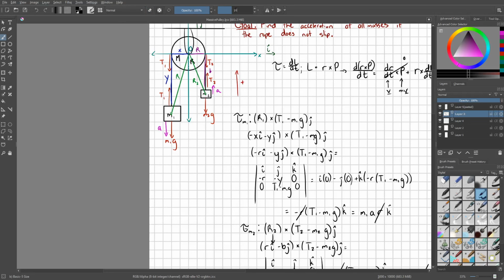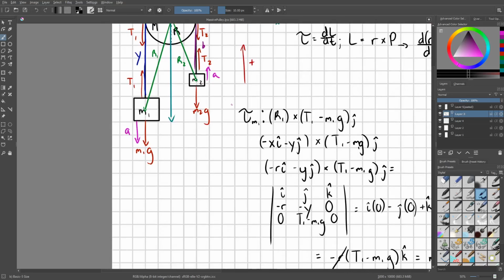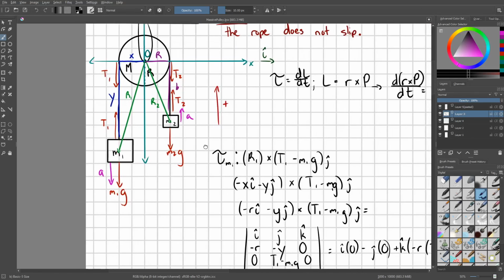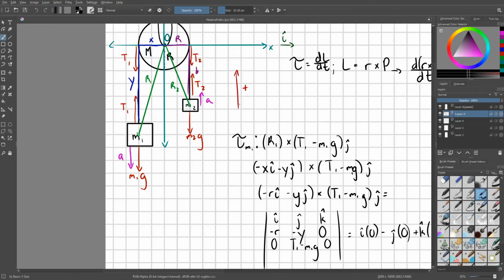Now, for our pulley itself, well, this is an example of static rotation. The actual pulley is simply rotating about a fixed axis which goes through O, and it's not moving at all. So, therefore, because this is the case, we can write its torque as I alpha.